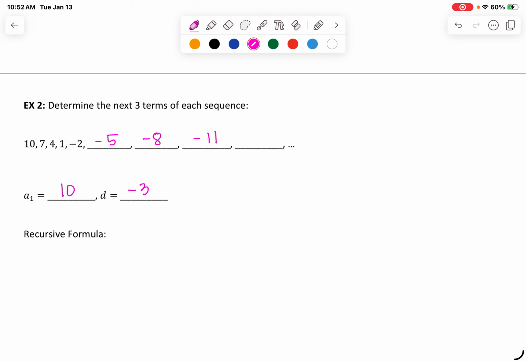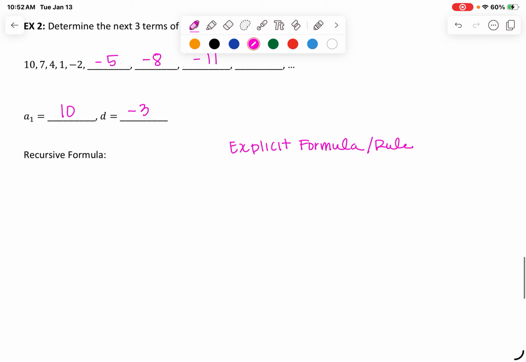Now, if I wanted to write an explicit rule, that's what we already learned how to do, explicit formula or explicit rule. So let's make sure we know the difference between that and what we're doing. An explicit formula is a sub n equals a sub 1 plus n minus 1 times d.